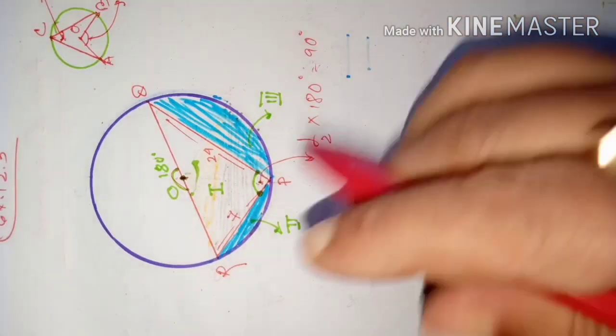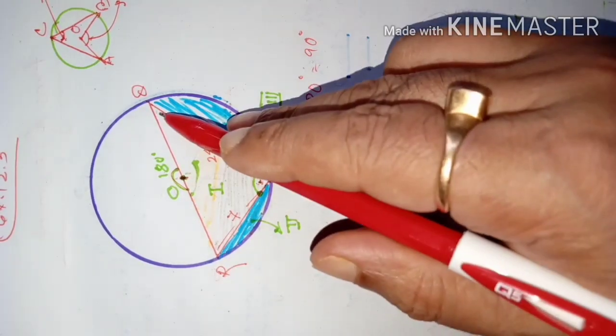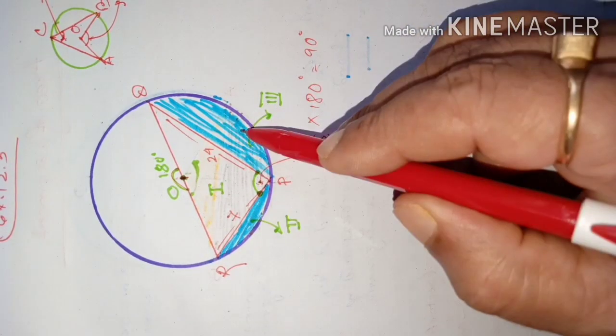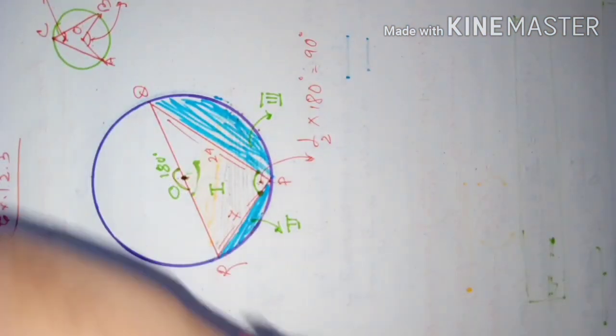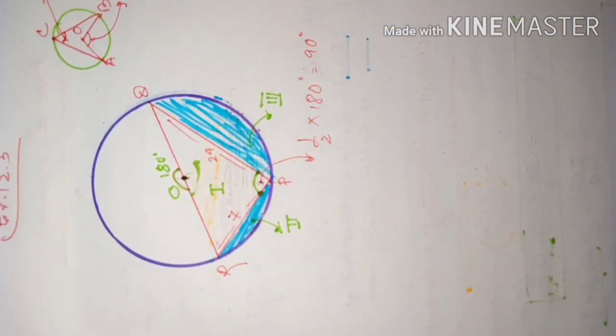We will have to use it only to know the area of the triangle, because the triangle plus this together make the whole semicircle. Okay, dear students, so we'll write the information given to us in detail this way.